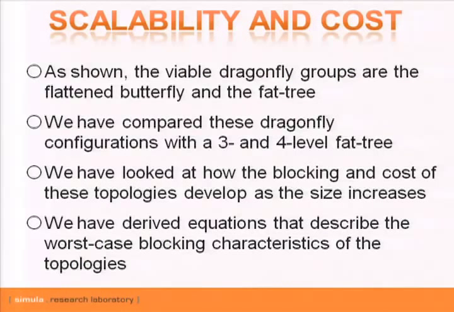Then to the scalability and cost issues. As Noah just said, both flattened butterfly and the fat tree are viable Dragonfly group topologies. And we have compared those three configurations with a regular 3-level and 4-level fat tree.